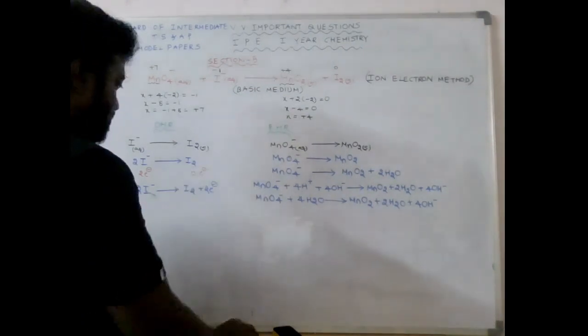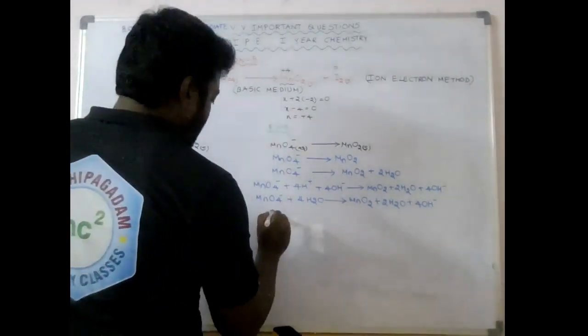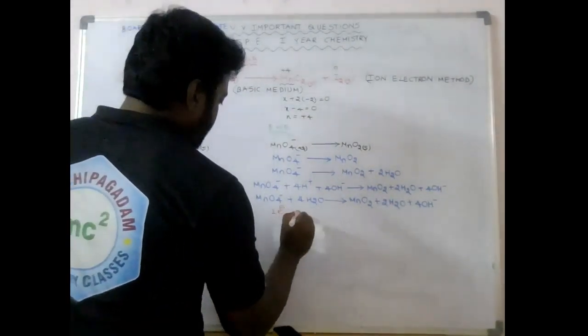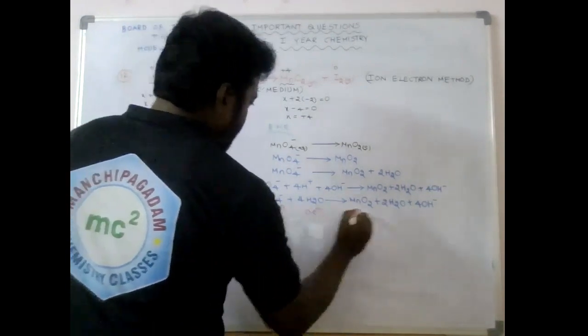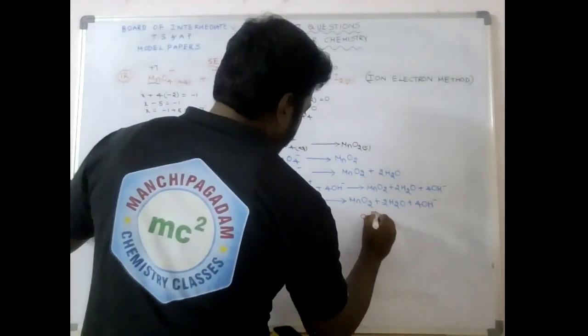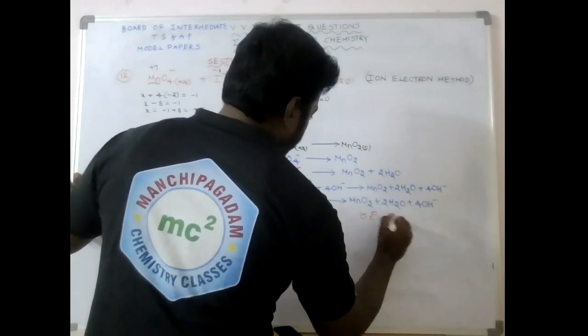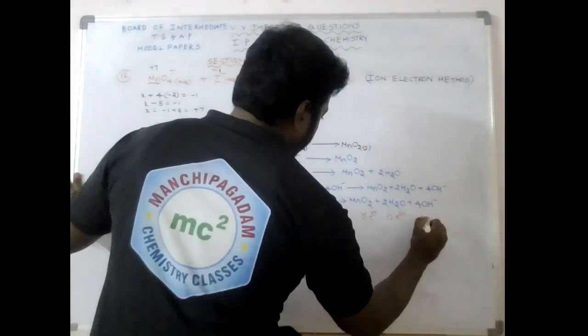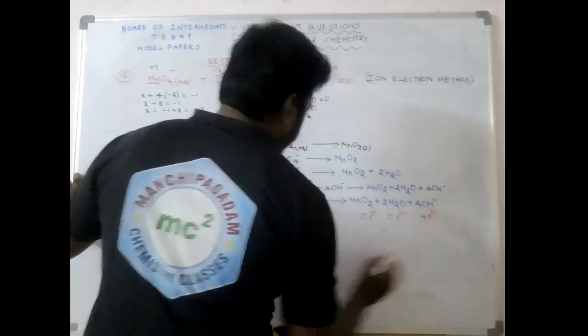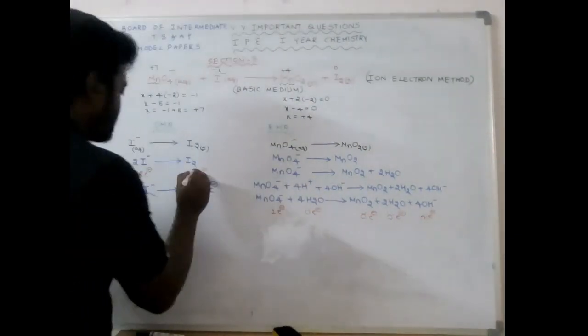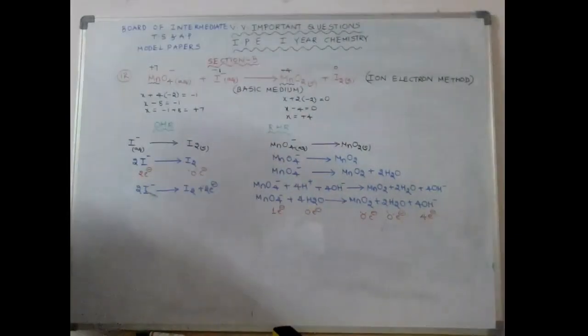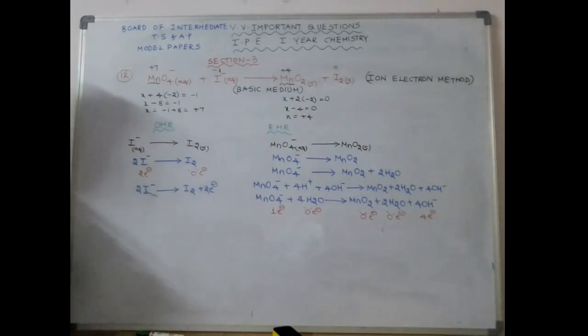Now same like this we have to write the electrons. Here how many electrons are there? 1 electron. Here 0 electron. Here 0 electron. Here 4 electrons. Left side: 1 plus 0 is equal to 1 electron. Right side: 0 plus 4 means 4 electrons. Where is the number of electrons more? Right side.